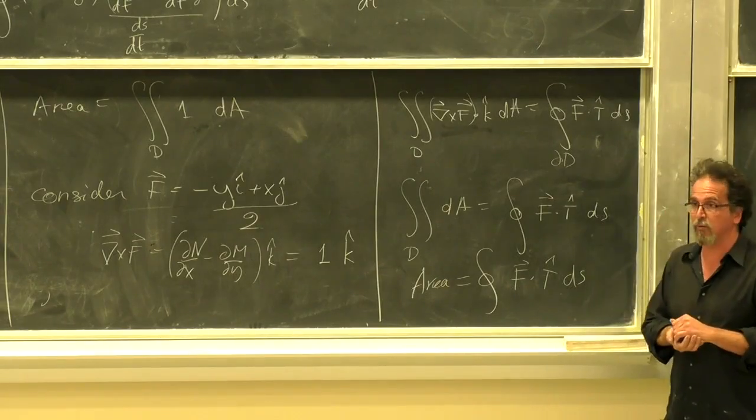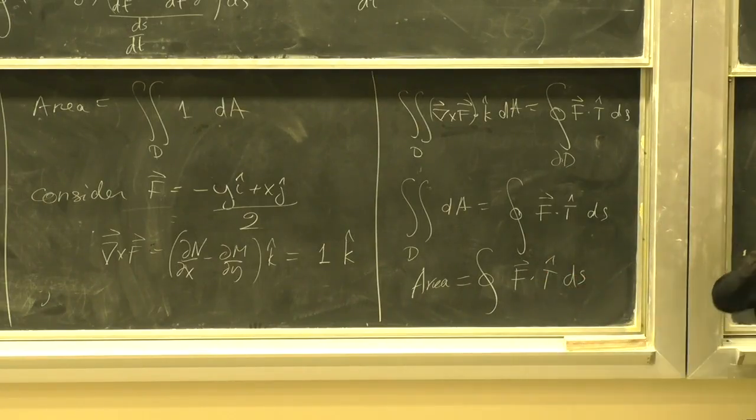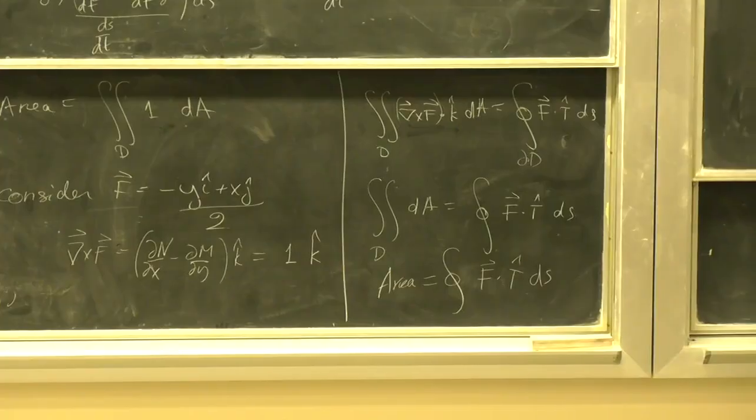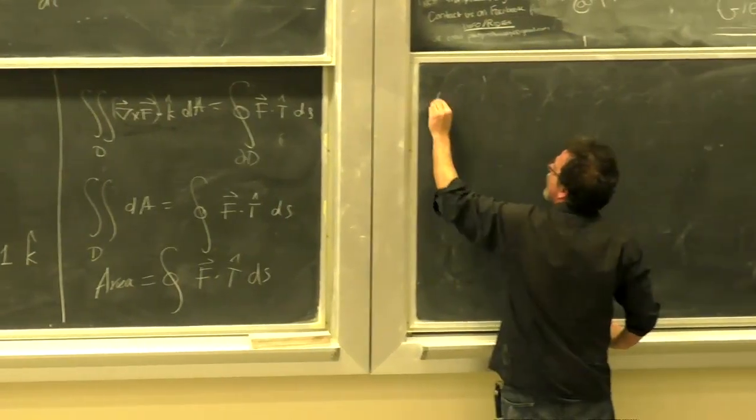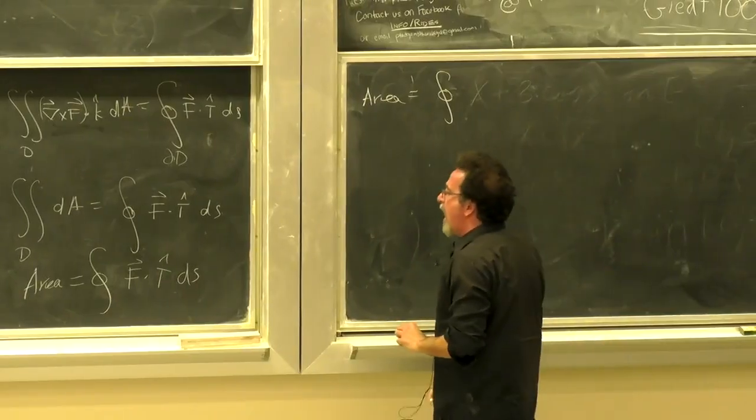What is this line integral, everybody? Let's take a look at this line integral. It's actually super easy geometrically. So what's the area? Let's substitute f on the right-hand side.